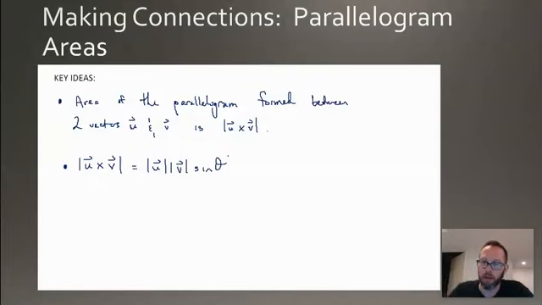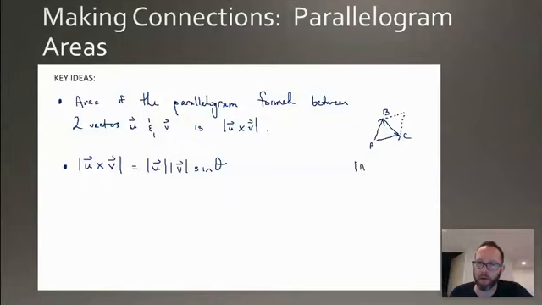I should say too, you could also use this idea to find areas of triangles, right? So let's say you wanted to find the area of a triangle formed by 3 points in R3. You could use the cross product, because you could calculate the vector AB, calculate the vector AC, find the area of the parallelogram formed between the two of them by doing AB cross AC, and then find half of that, because a triangle is half a parallelogram.